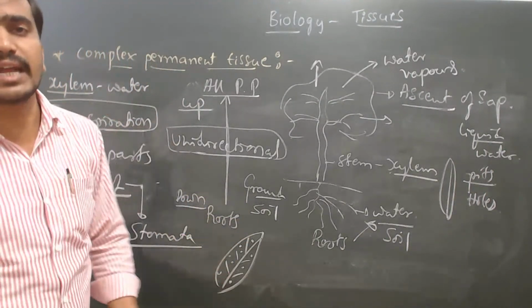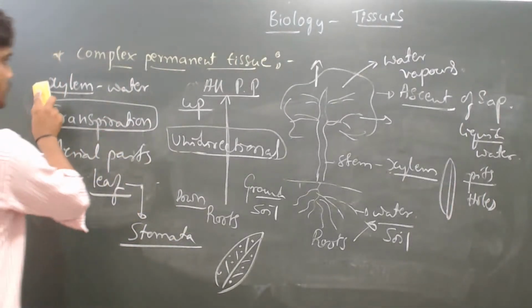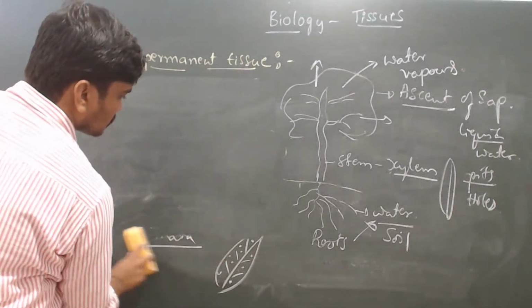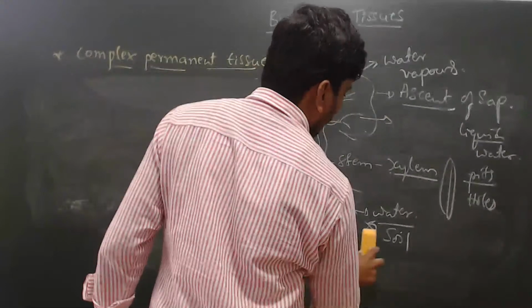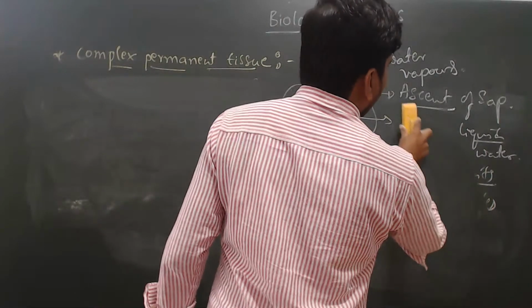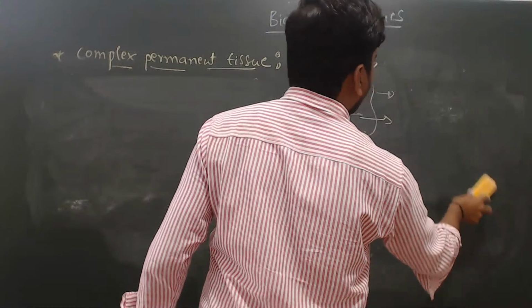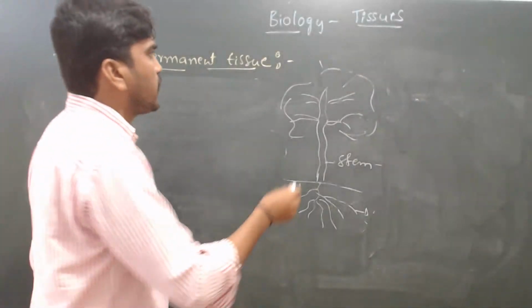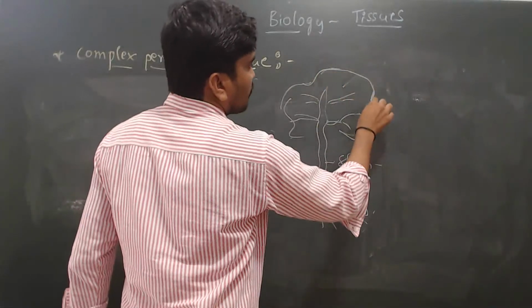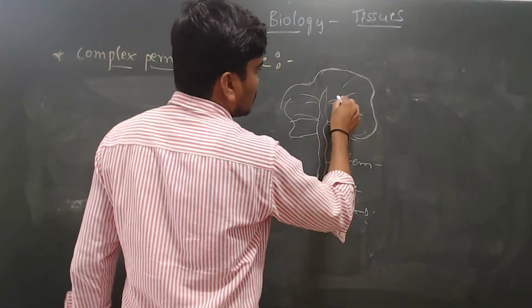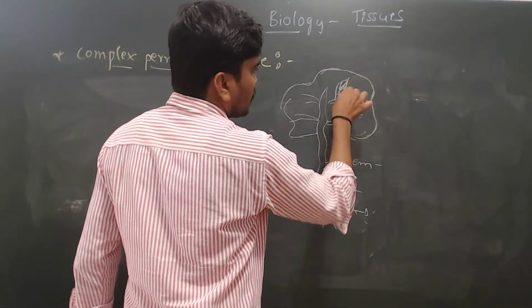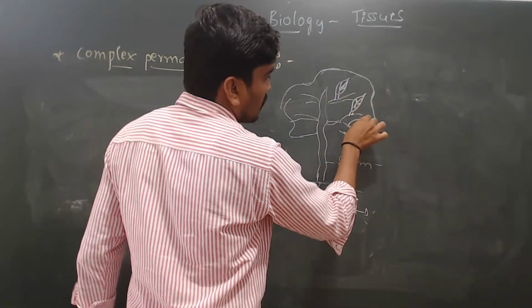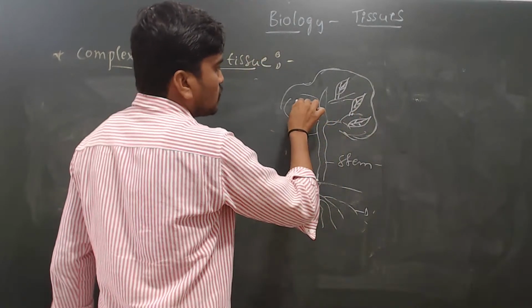Now we will move towards the second one. Which one? Phloem. Phloem helps to transport the food.